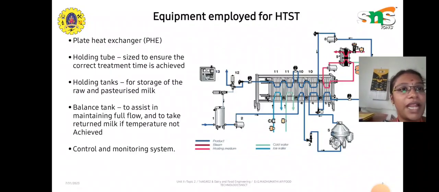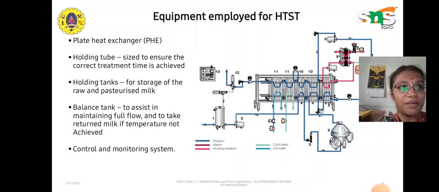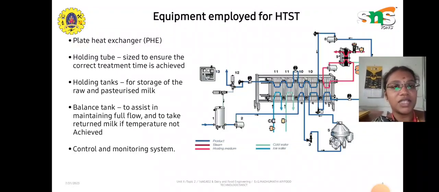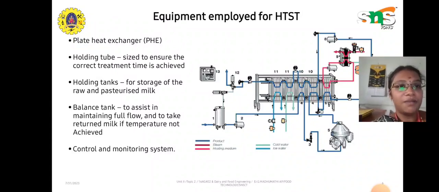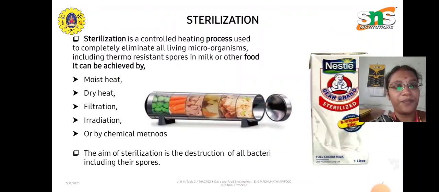This is the plate heat exchanger, the equipment used for the HTST method. It has various holding tubes, holding tanks, a balance tank, and a control and monitoring system, present mainly to ensure that the milk is properly pasteurized at the various stages.